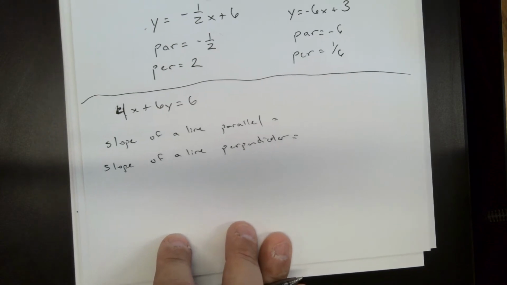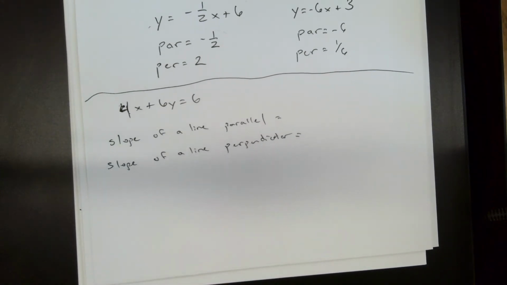So they give us this, 4x plus 6y equals 6, and they say, I want to know the slope of a line perpendicular and the slope of a line parallel. What do I have to do? I have to get y by itself. Why do I need to get y by itself, Britton?